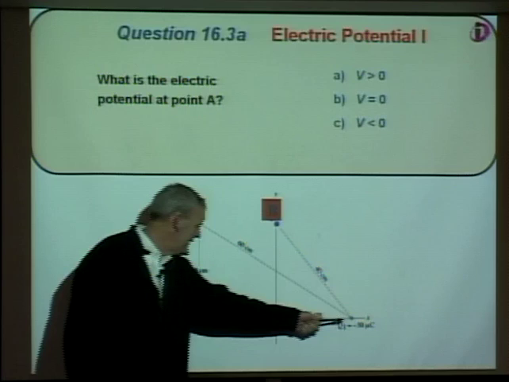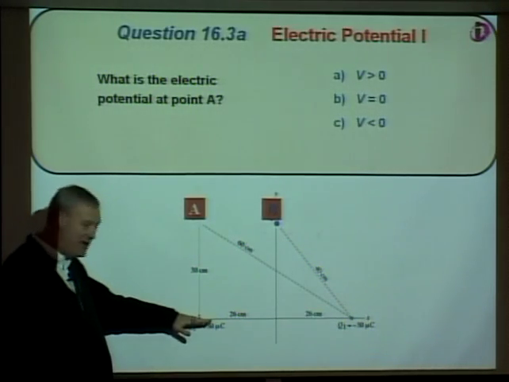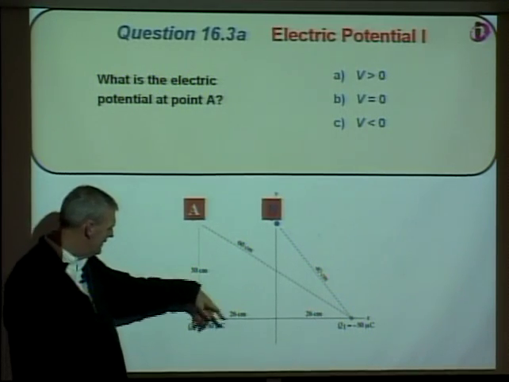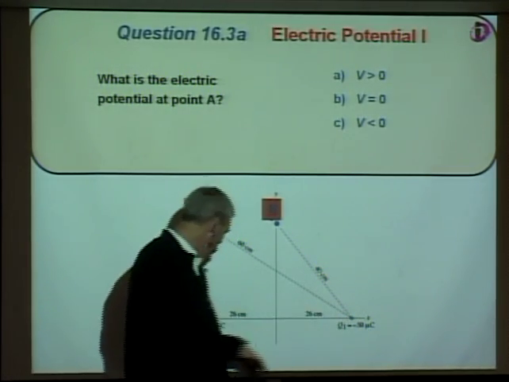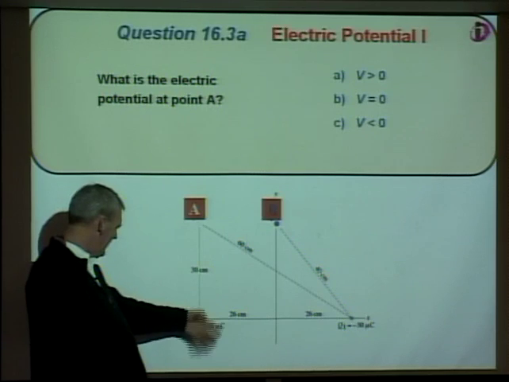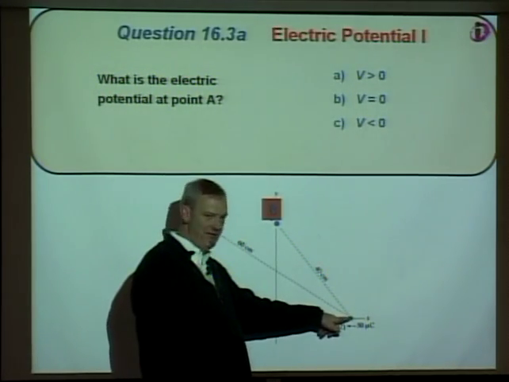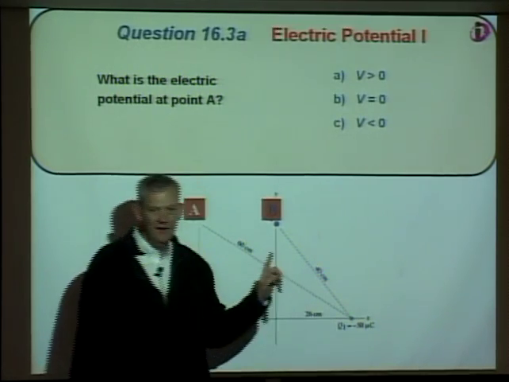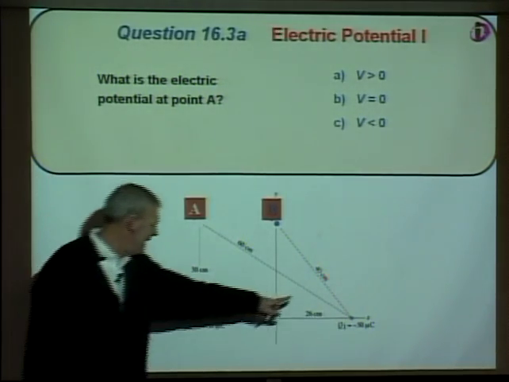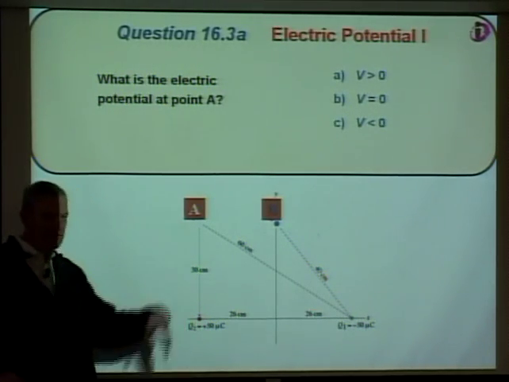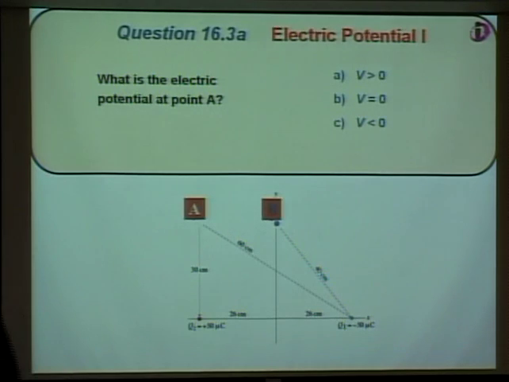And this guy is a lot further because I've got KQ over 30 plus negative 50K over 30, and then I've got negative 50K over 60. So in other words, this is only half of what this is. So it's basically 25 microcoulombs times K over 30 is my thing, and that's positive.